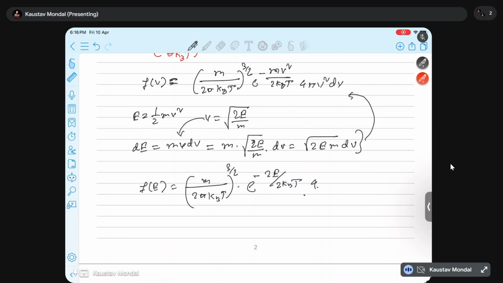So v square we can write as 2E by m, and dv we can write as 1 by root of 2E by m, right?